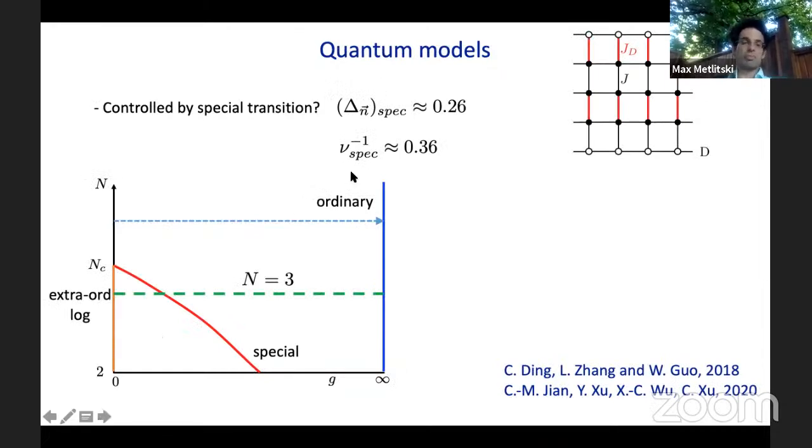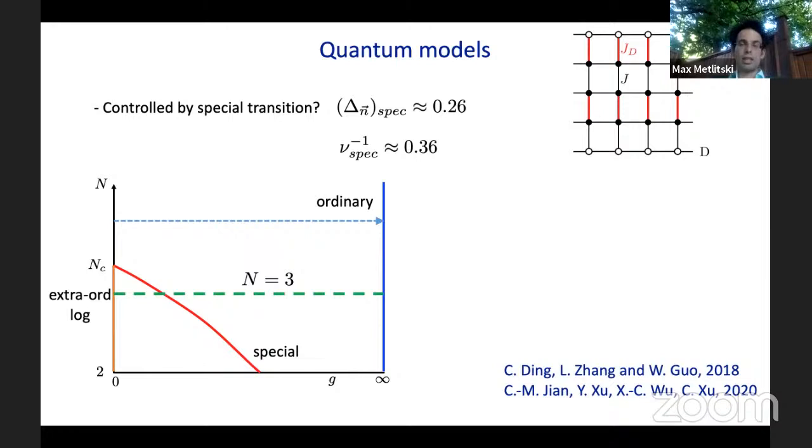Perhaps it's an accident, and this accident might be helped by the fact that at the special transition for n equal 3, we know that the correlation length exponent nu is large. That means that if you start close to the special fixed point, you might need to go to very large system size to see true infrared behavior.